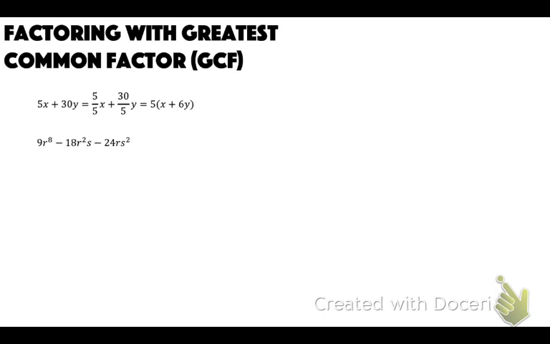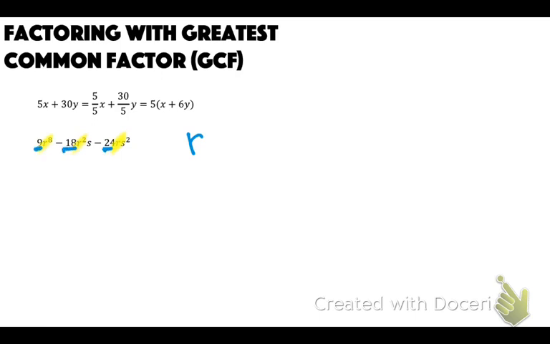Okay, if we do this one, so 9r to the 8th minus 18r squared s minus 24rs squared. So we want to see what goes into all of this. Well, I can see first that they all have this r in common. They have at least one r in common, so I'm going to write that off to the side. And then I need to see what goes into 9, 18, and 24.